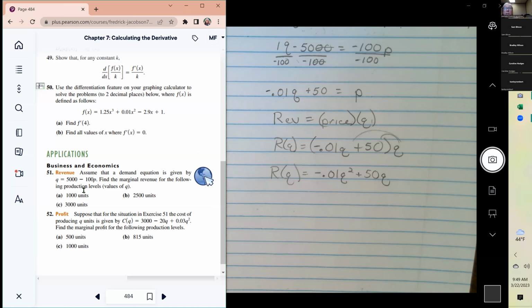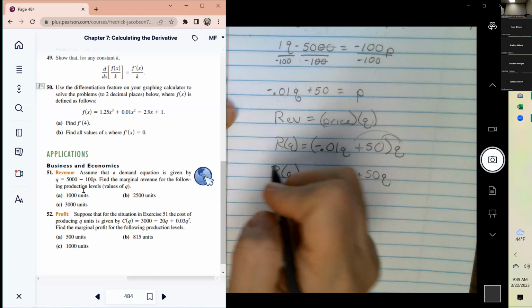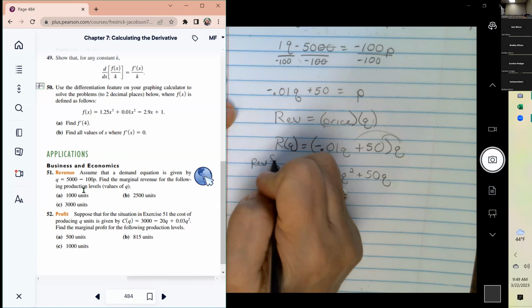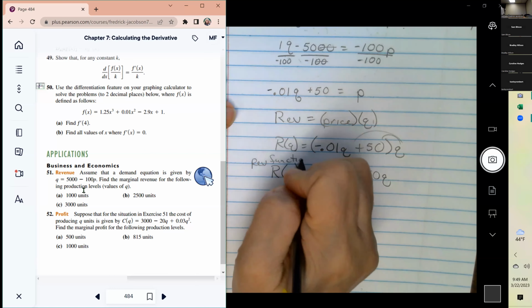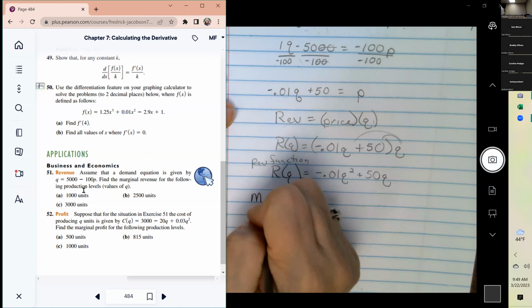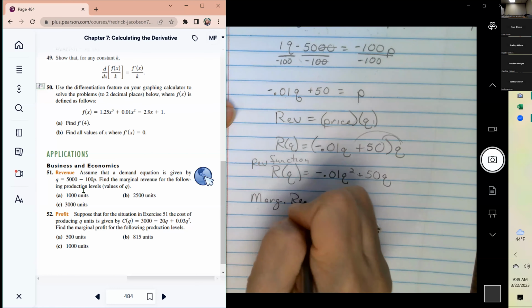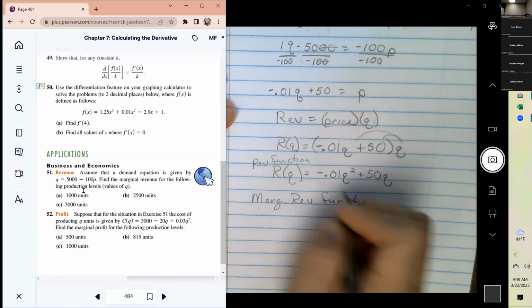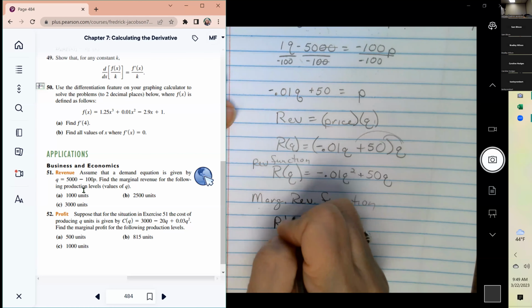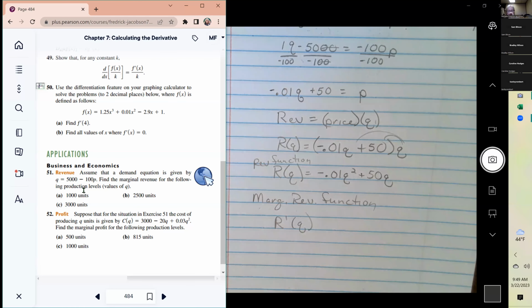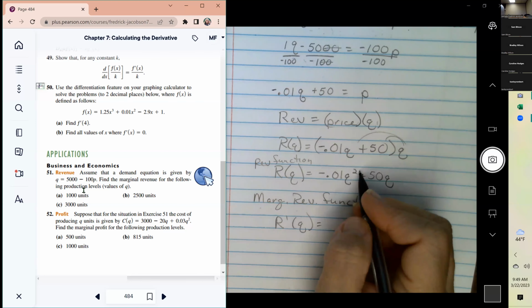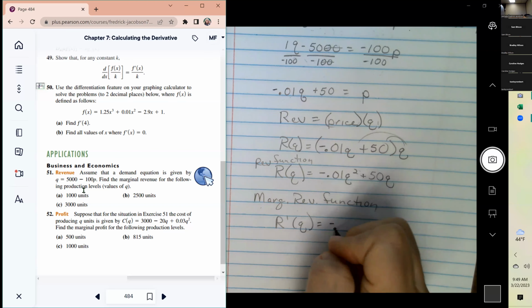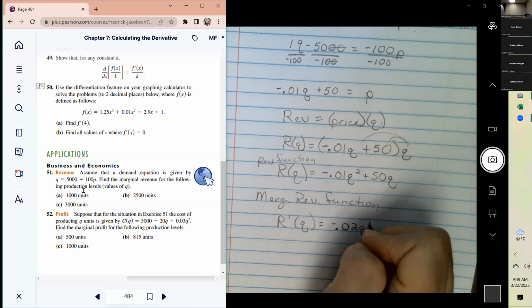Marginal revenue is the derivative. So we would take our derivative. 2 times the decimal is a negative 0.02 Q to the first.